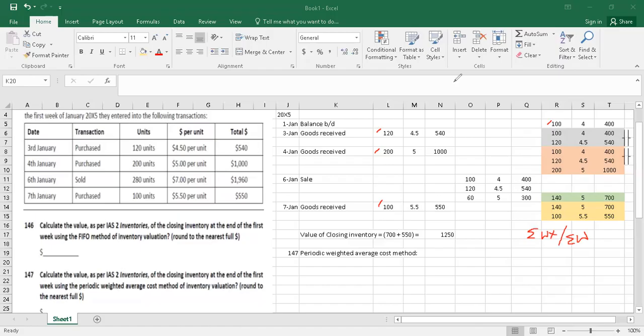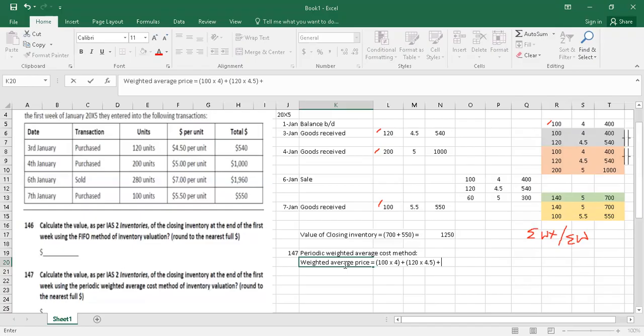So now first we have to calculate the average price. Weighted average price has to be calculated. So let's calculate the weighted average price is equal to, so now we see that there are 4 lots. 100 into 4 is 1 lot, sigma Wx, plus the second lot is 120 into 4.5.